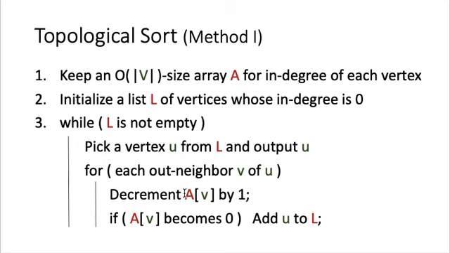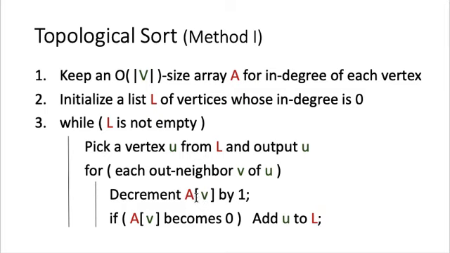So we will decrement the value of A[V] by 1. And by doing so, V may now become a node with in degree 0. So if A[V] becomes 0 at this point, then we can add V to the list L for future consideration.